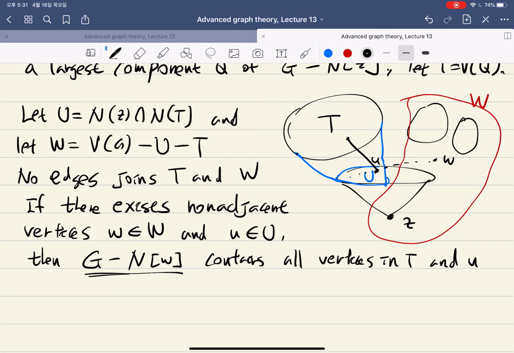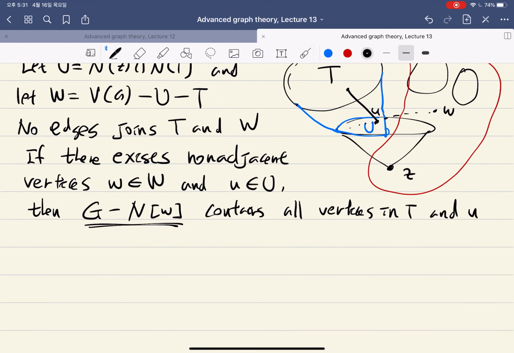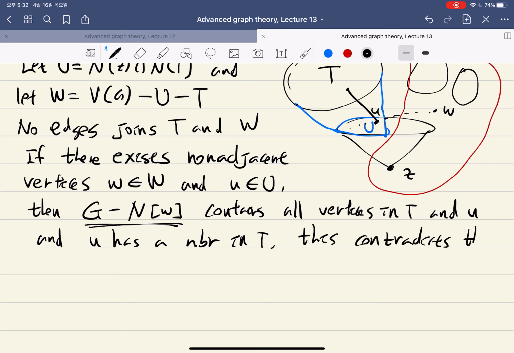So in here, we have a component which contains all T and U, which is bigger than T. And U has a neighbor in T. This contradicts the choice of G.